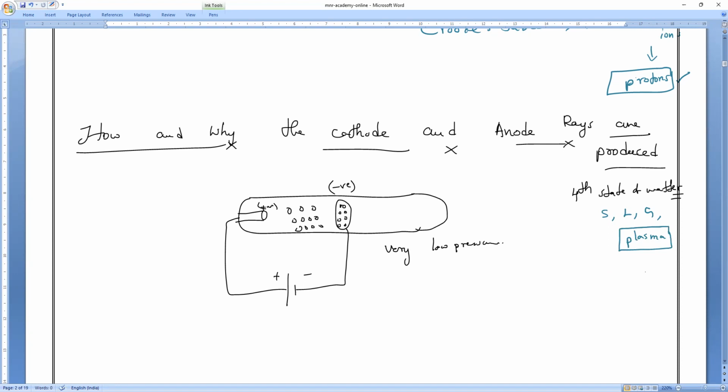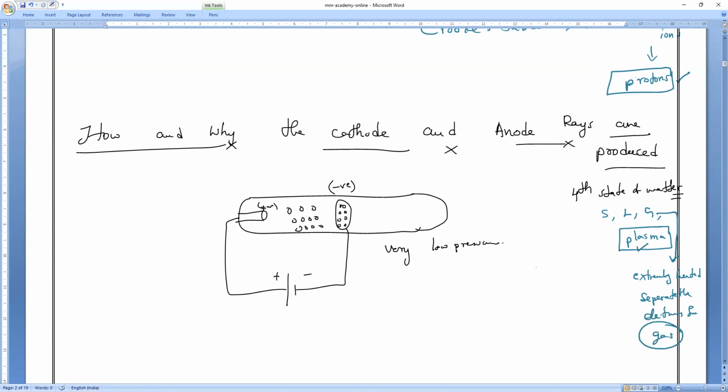Plasma means the gas is extremely heated, and then we separate the electrons from the gas. That is what we call plasma, the fourth state of matter.